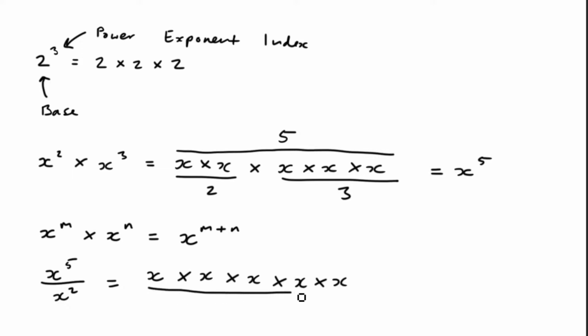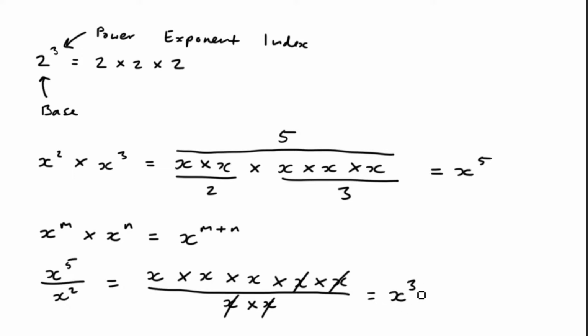We're dividing that by x squared, in other words, x multiplied by x. Well, the usual rules of cancellation tell us we can cancel one of the x's from the top row with one of the x's from the bottom row. We can cancel another x from the top row with another x from the bottom row. And all we are now left with is x times x times x. In other words, x cubed.